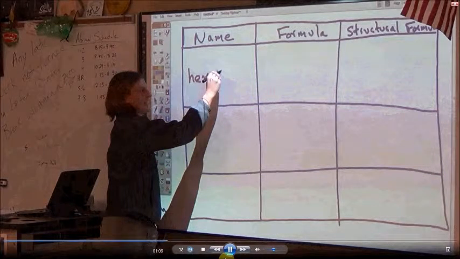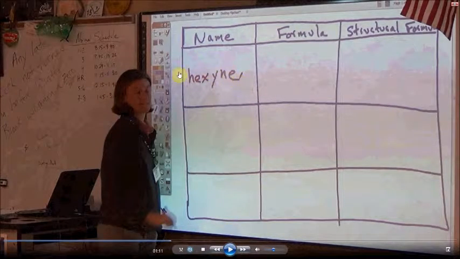Hexyne. So if I gave you the name hexyne, how would you come up with the formula? Well, of course, these are hydrocarbons. The anes, enes, and ynes are hydrocarbons, so it's just going to be C's and H's. But the yne is your clue that it was part of that formula: double the carbons minus 2. Well, how many carbons are there?